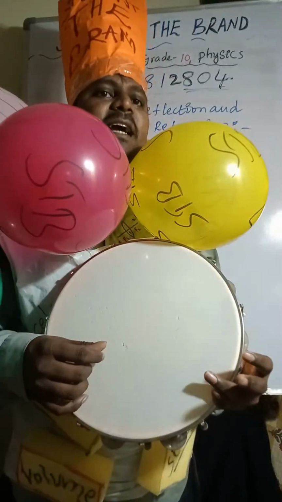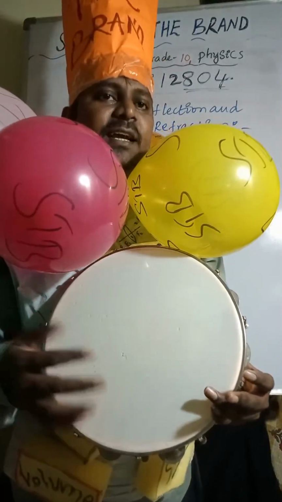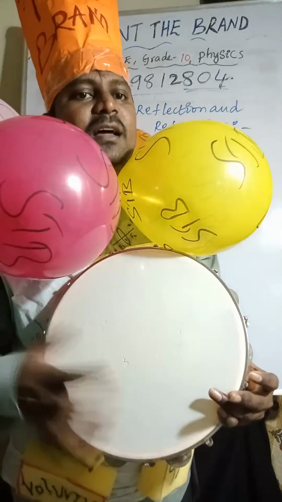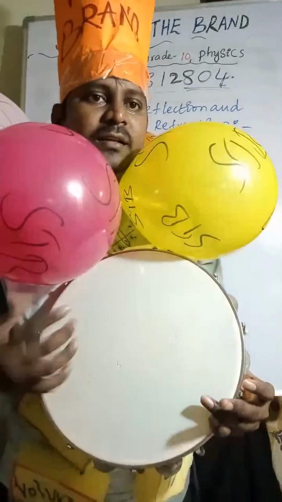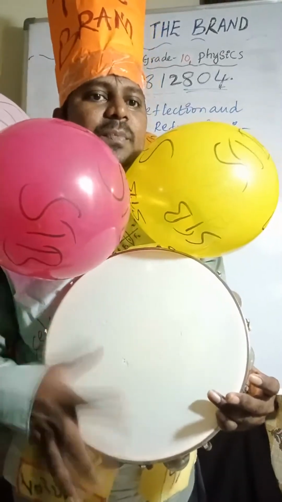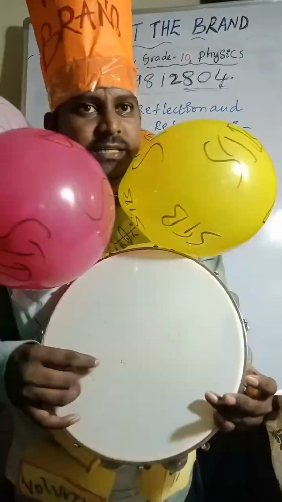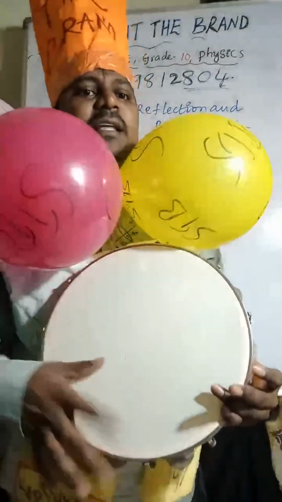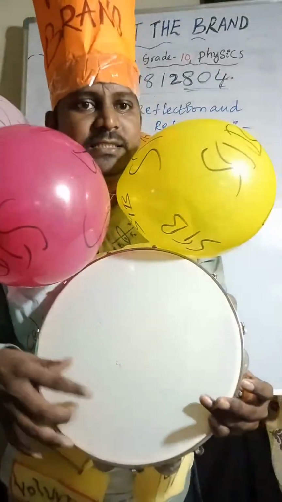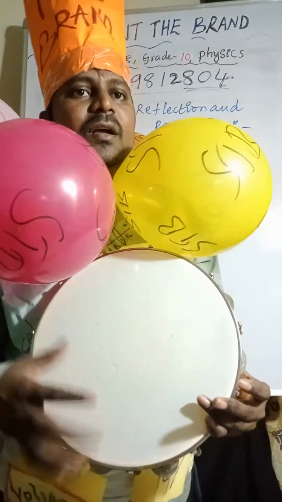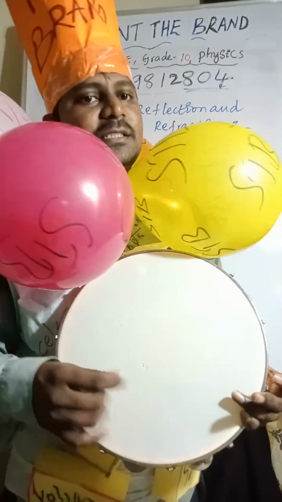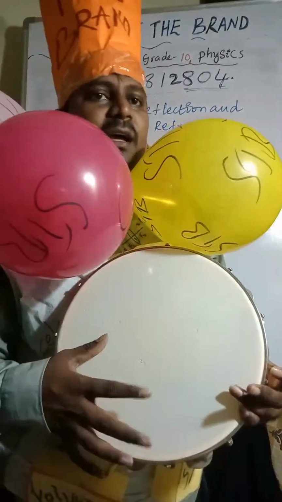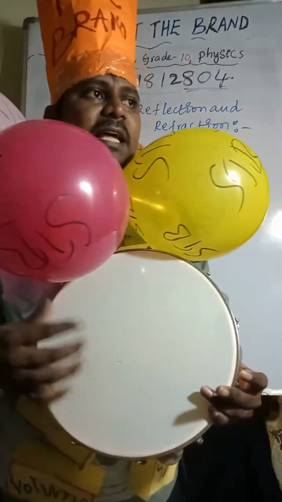New Cartesian sign convention. All distance measured from the pole. Distance positive along the incident rays. Distance negative opposite to incident rays. Distance positive above the principal axis.